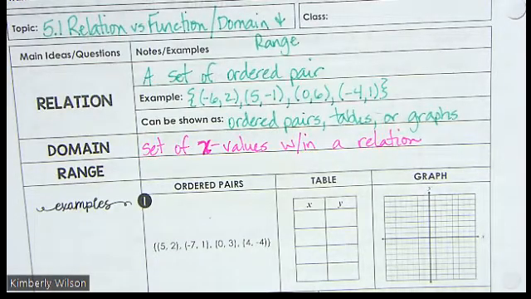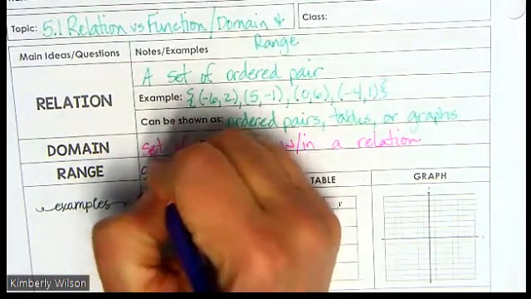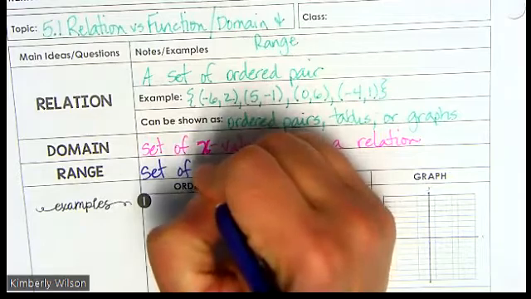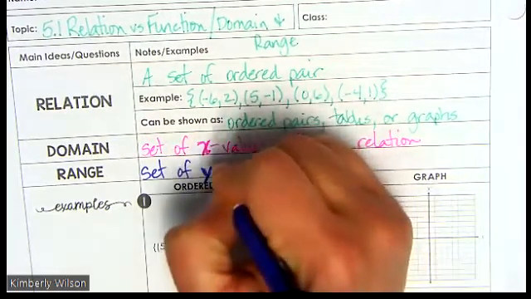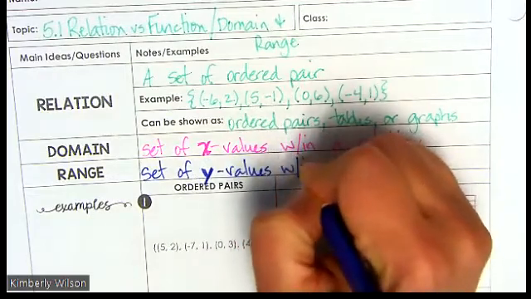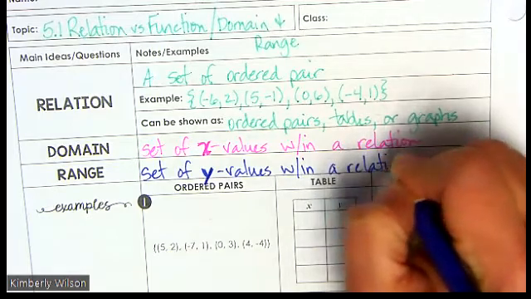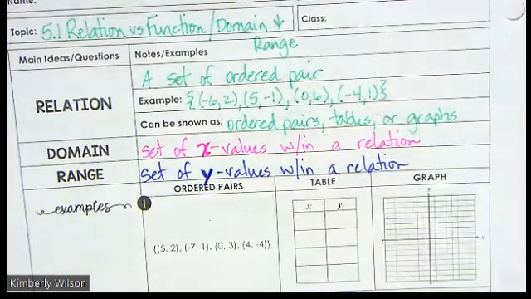The range is always the set of Y values within a relation. So domain is X, range is Y when we're looking at this.